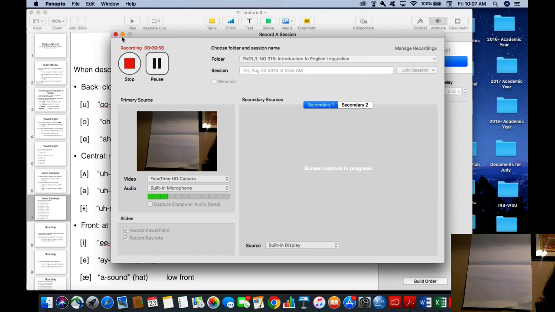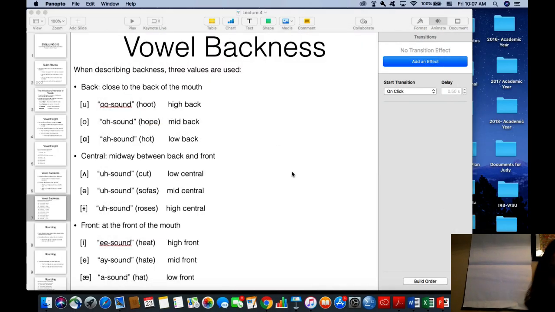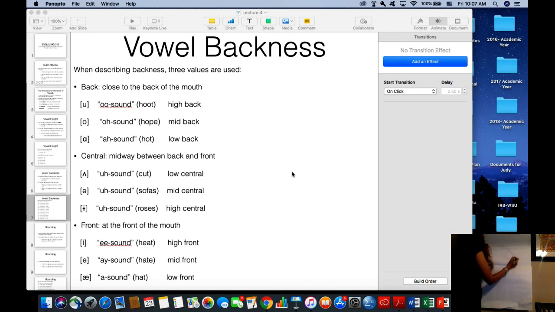So I'm going to use this to write down the three vowels. So the central vowels are written like that. So that's an upside down V. And this is the sound as in cut, right? Cut. And then you have the schwa sound. This is called the schwa sound.